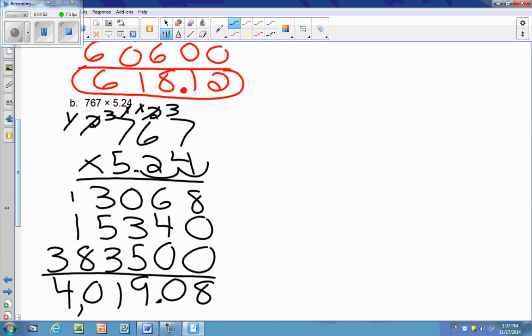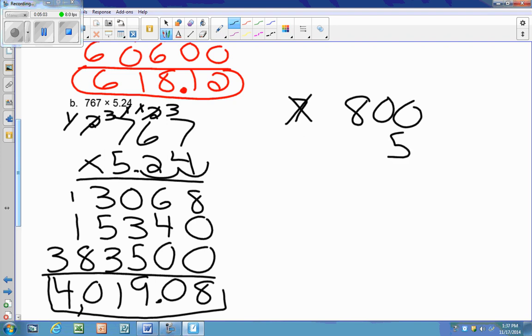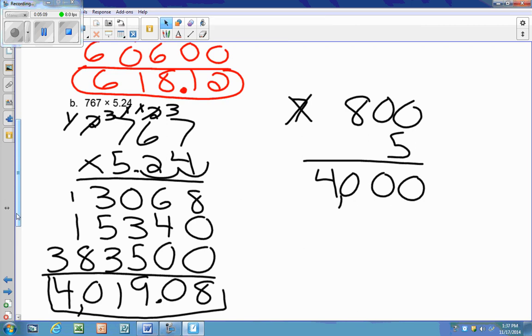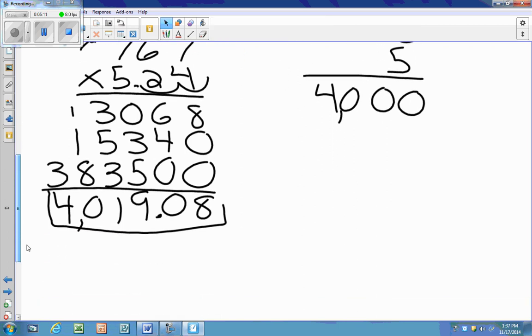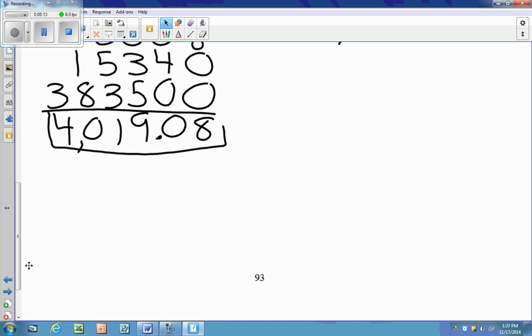My answer should be near 4,019 and 8 hundredths. I'm going to estimate that to 800 and then to 5, and I get 40, and put my 2 zeros back in, and I get 4,000, and that makes that reasonable because it's near 4,019 and 8 hundredths. And that is the Topic C review.